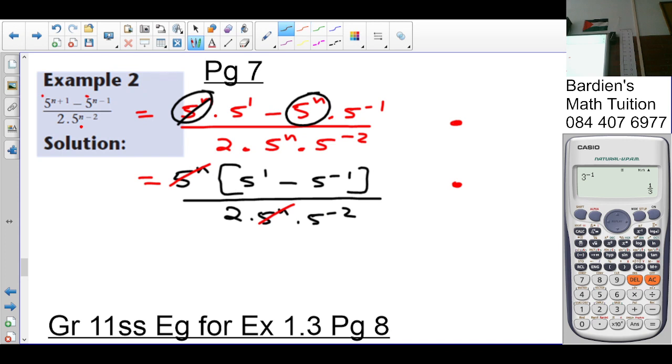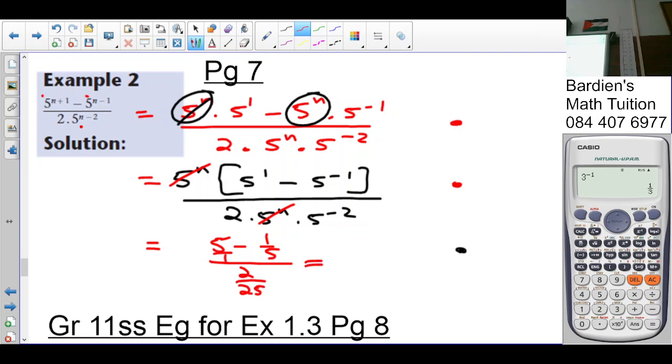So what do we do from here? Simplify. So we've got 5 to the 1 minus 5 to the negative 1, which can be written as 5 minus 1 over 5, over 2 times 5 to the minus 2. 5 to the minus 2 is 1 over 25, so it will be 2 over 25.